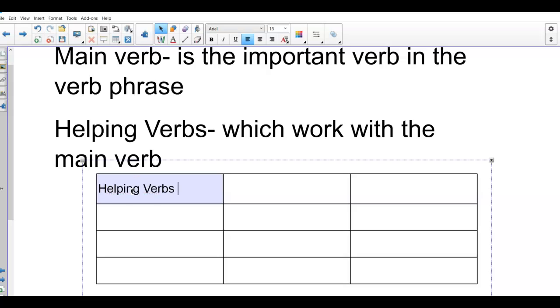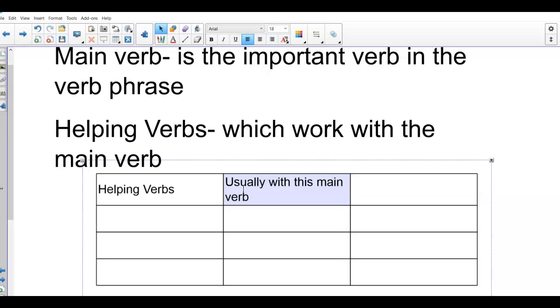If you are not coming back to class, I'm going to continue doing notes like this anyways, so that in the grammar book, I'm trying to show you what this chart looks like. Okay. So they have this chart and it has three different sections, okay? And then at the top you have your helping verbs, and then it says usually with this main verb ending, okay? And then you have an example at the end.